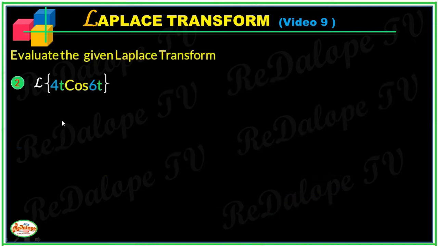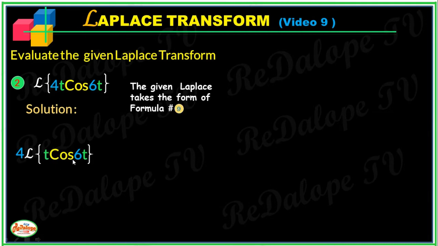For problem number 2, we have the Laplace of the product of 4t cosine of 6t. Again, this Laplace transform problem can be written down as 4 multiplied by the Laplace of t cosine 6t. 4 is a multiplier, so we're going to place that before the Laplace symbol.